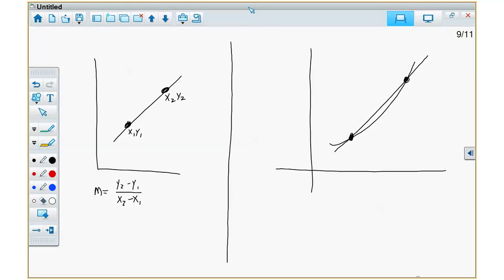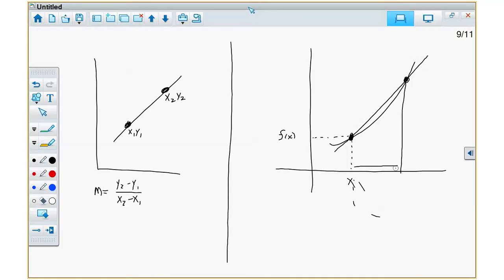Now, somewhere in algebra and pre-algebra, you learned that this was y, and you needed to change it to f of x. Remember that? You had to change everything to f of x, so you sounded smart. So, this point is x. And this point is not y anymore. What is it? F of x.